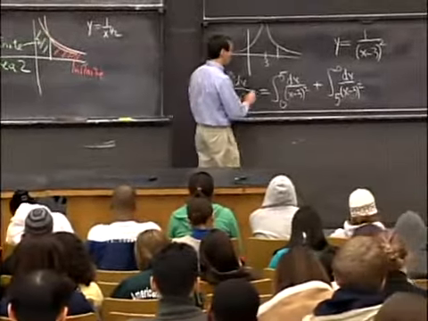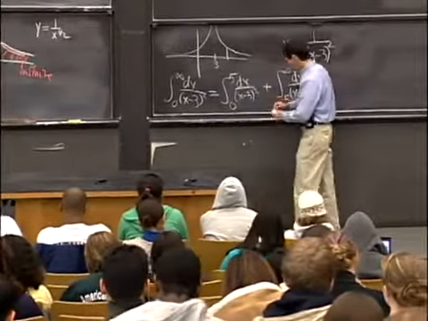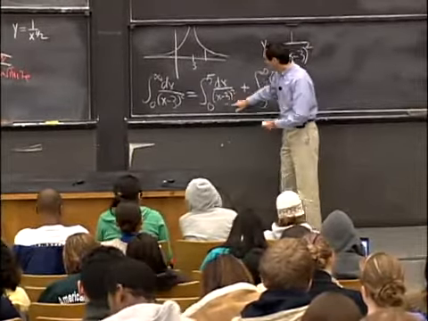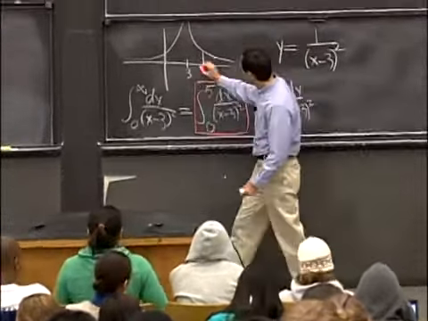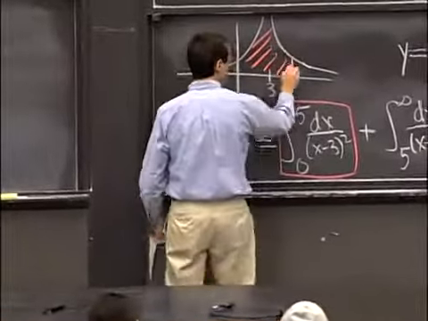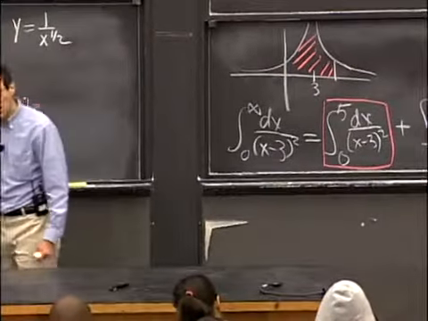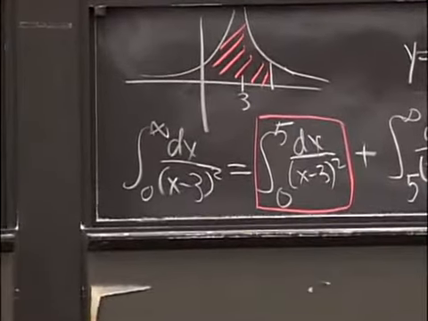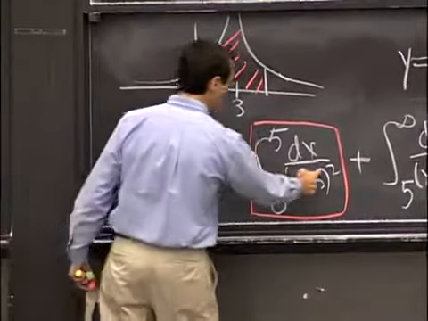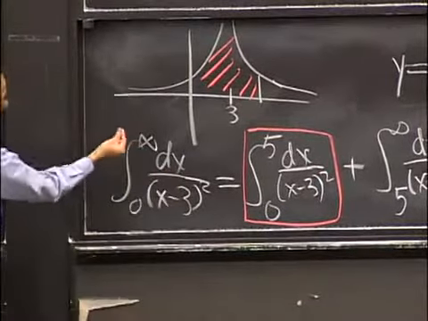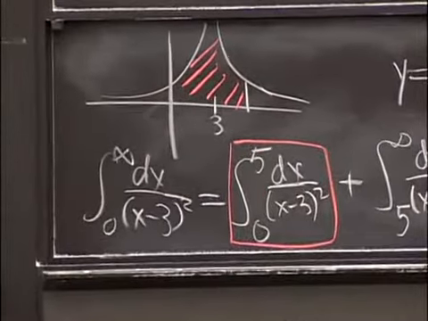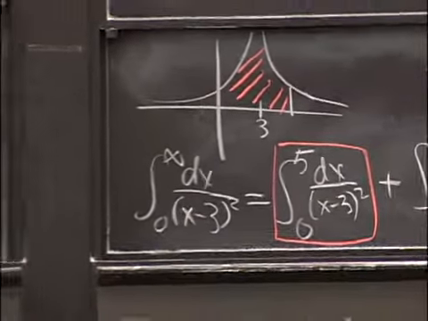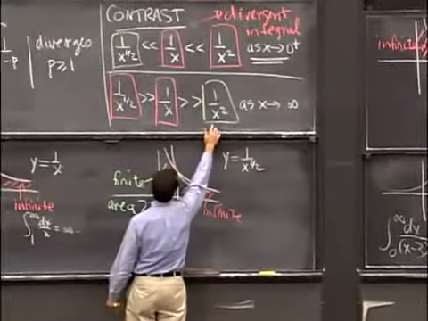What you'll discover is that this one here, which corresponds to this piece here, is infinite. And it's infinite because there's a square in the denominator, and as x goes to 3, this is very much like, if you shifted the 3 to 0, this 1 over x squared here, but not in this context.